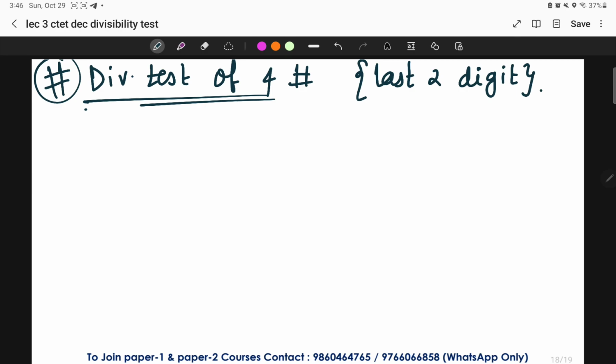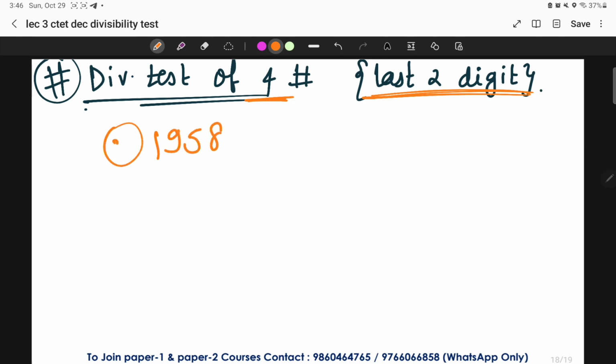If the last digit was an even number, or we can say if the last digit is divisible by 2, then the complete number was divisible by 2. In case of the divisibility rule of 4, you have to check the last 2 digits.